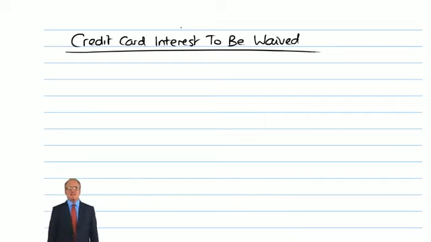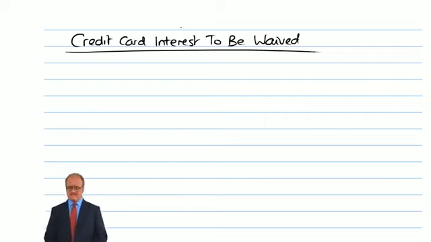The UK government has announced that it is looking into the level of personal debt that people have. It is extremely concerned that some people have got such massive debts, there's no hope of them ever paying them off.